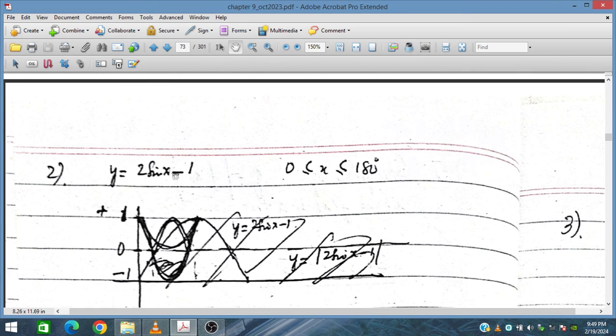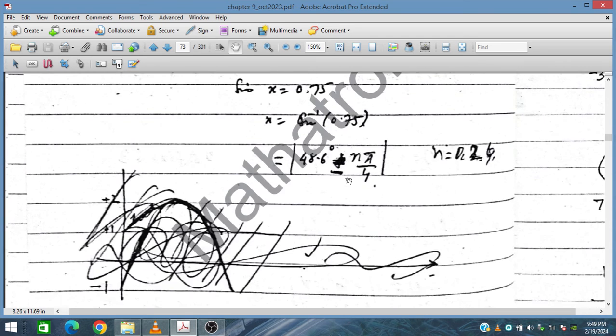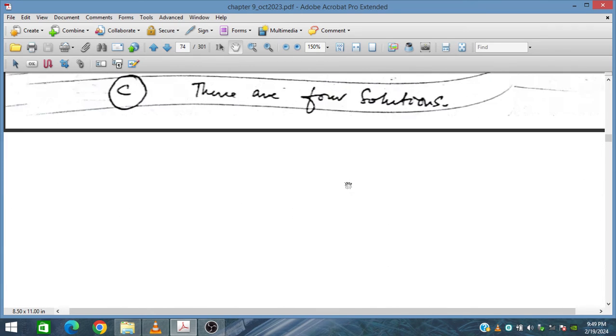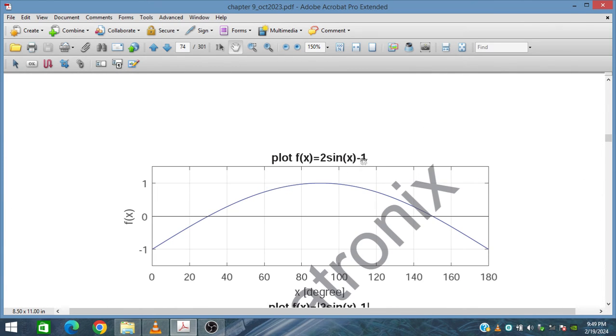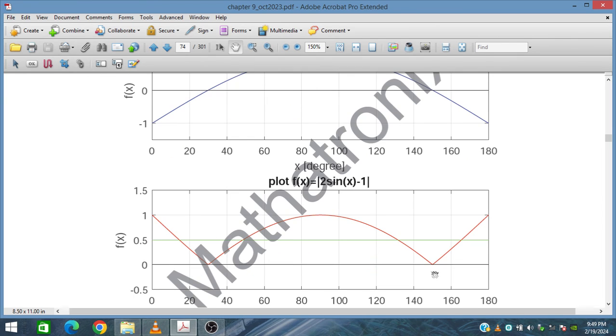Here we have 2 sin x minus 1. We'll plot it and finally we'll solve it. This is simple plotting. This is the intercept, and since we are dealing with 0 to 180 degrees, the value of minus 1 becomes plus 1 after taking the modulus value, and this becomes positive.